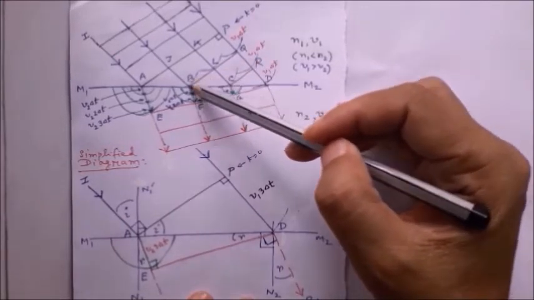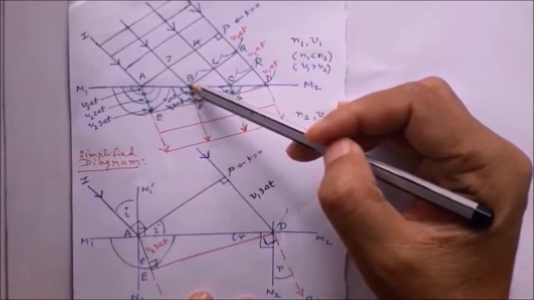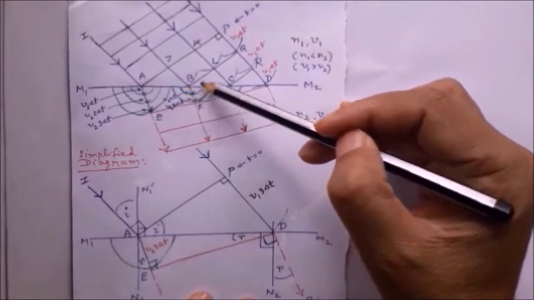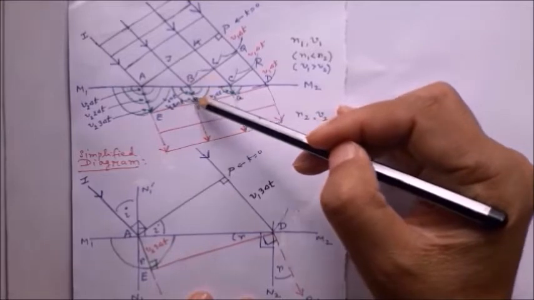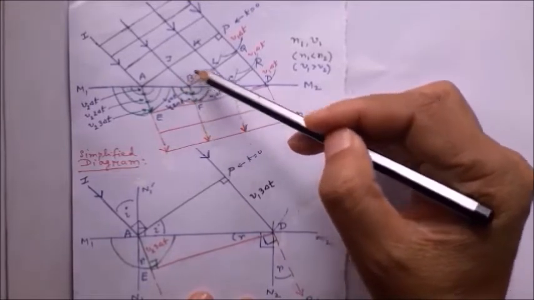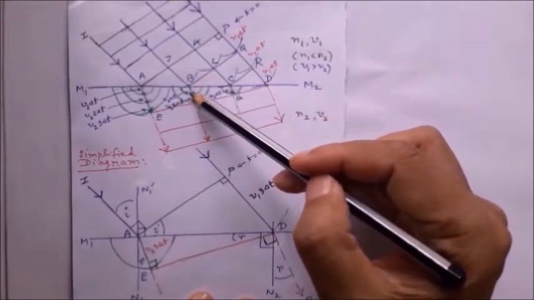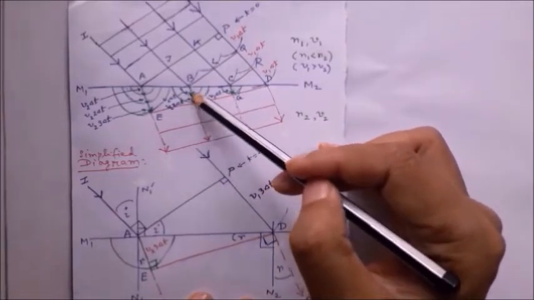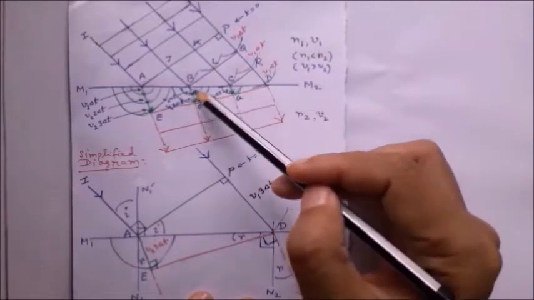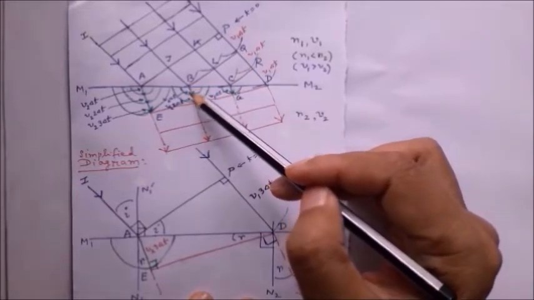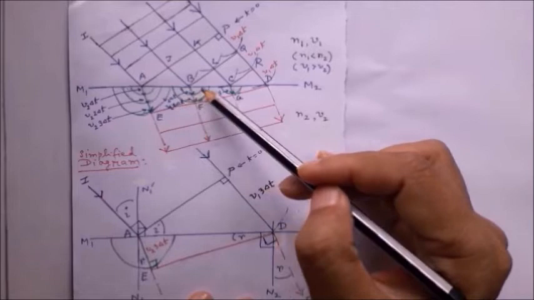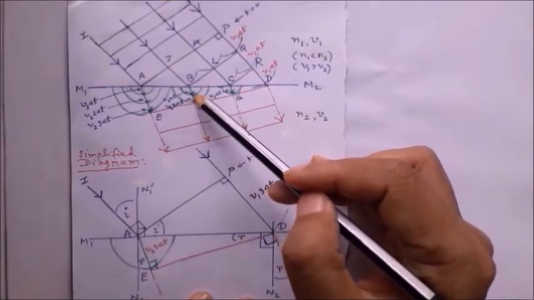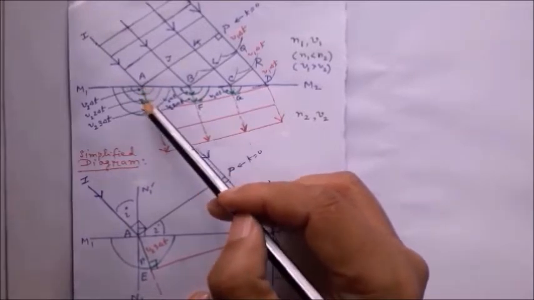Now B has struck the interface and it will start sending waves in the second medium, and therefore we can draw secondary wave spheres of radius v2 delta t, because speed in this medium is v2. So in the same time delta t, this will send waves in the second medium, and the radius of the secondary waves will be v2 delta t. But what about A? A was already here.